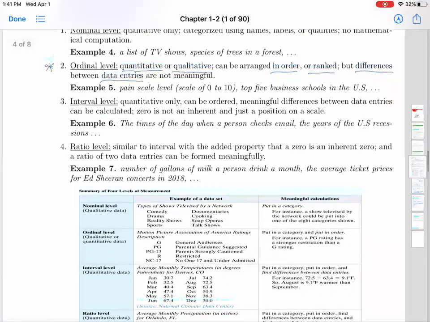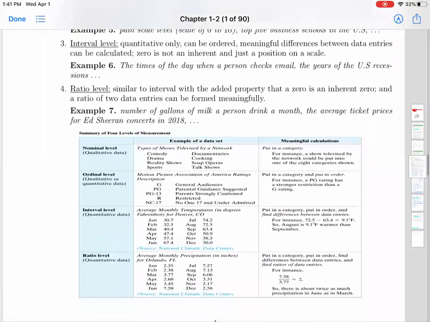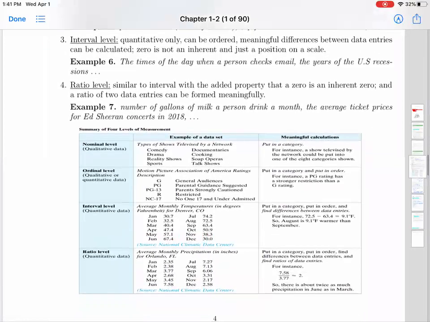All right, the next level is the interval level. Only quantitative data can be classified at the interval level. This data can be ordered, and the meaningful differences between two data entries can be calculated and give you some useful meaning.